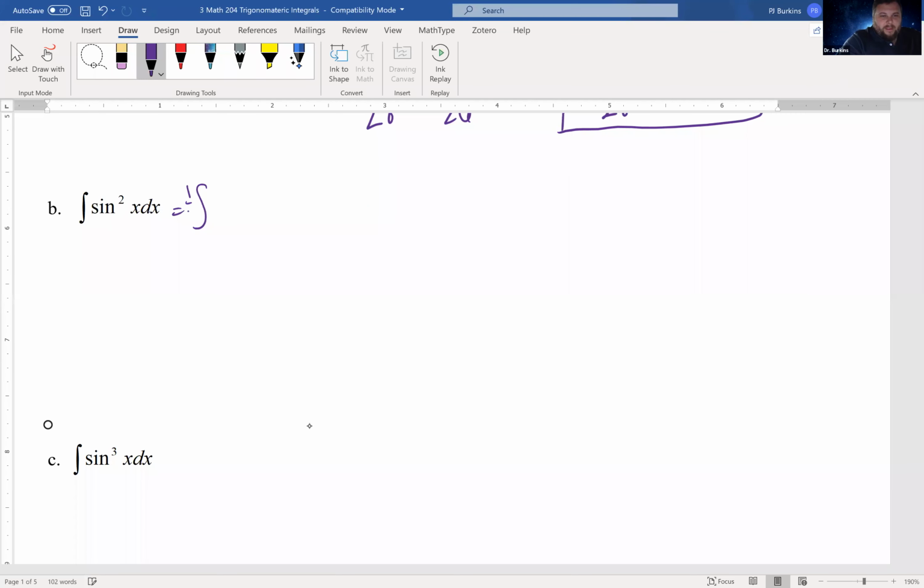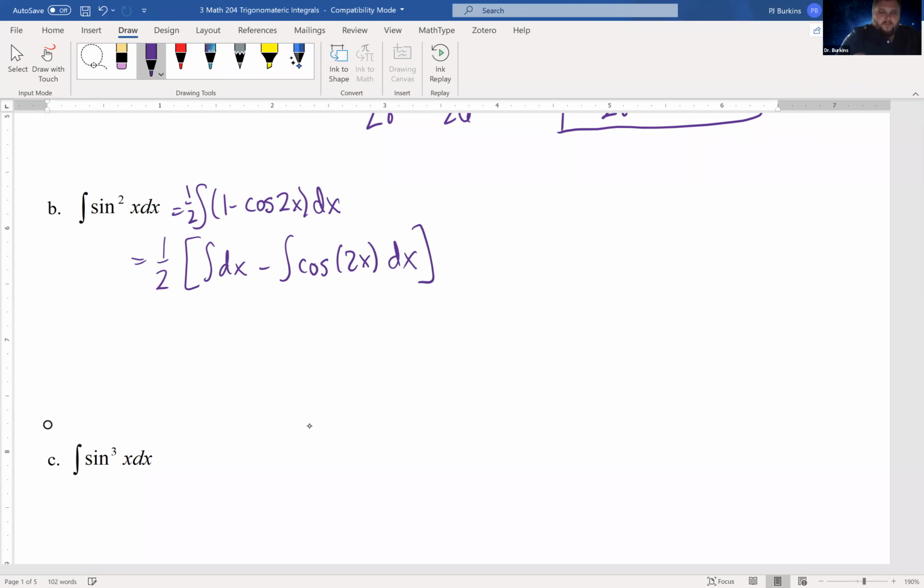So that's 1/2 (1 minus cosine 2x) dx. So again, this is really two integrals. It's the integral of dx minus the integral of cosine 2x dx. But this time, there's not any guessing on how to solve that second integral.